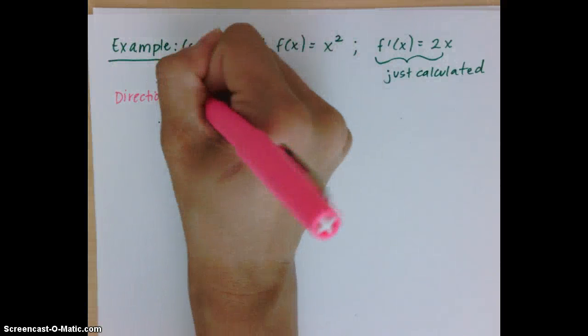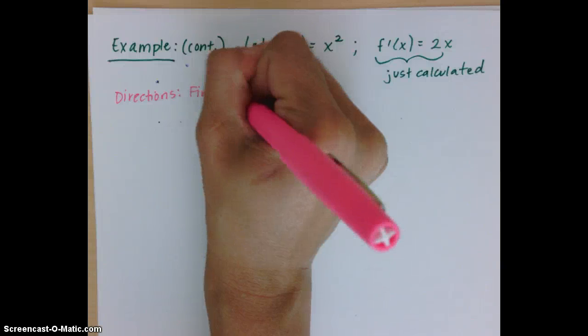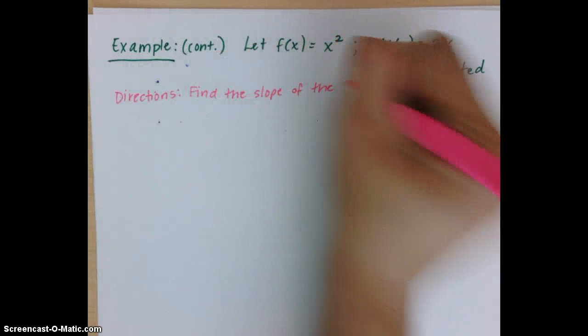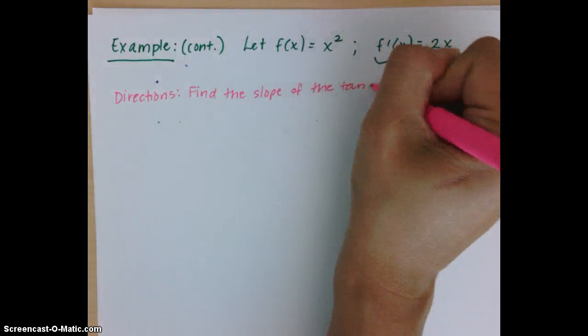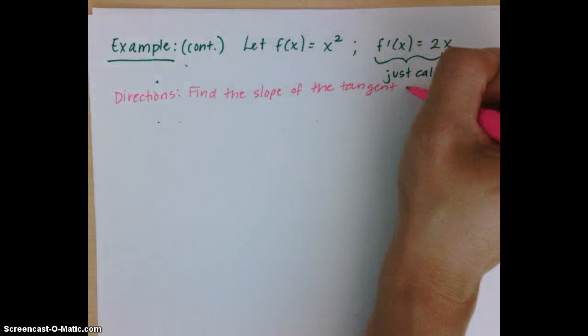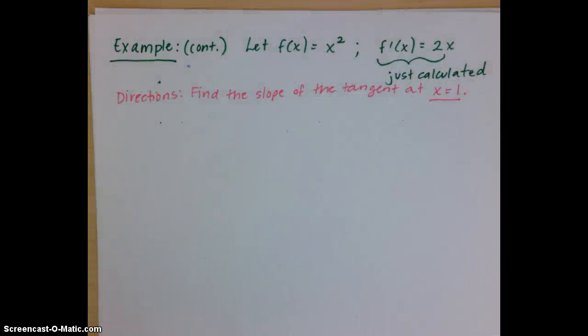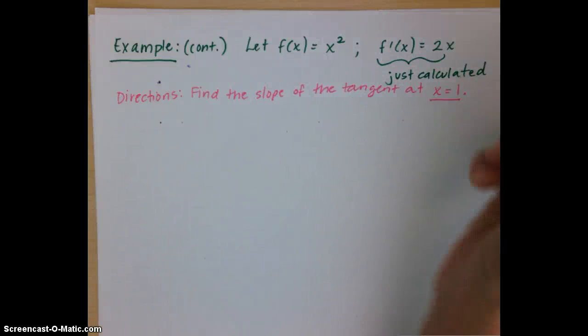So the directions are to find the slope of the tangent line at x equals 1. So we have a specific value, x equals 1.